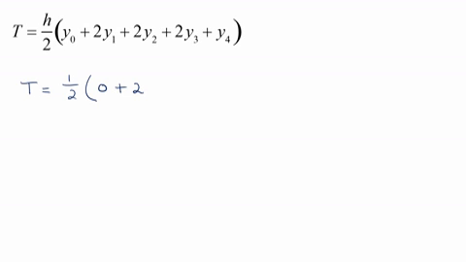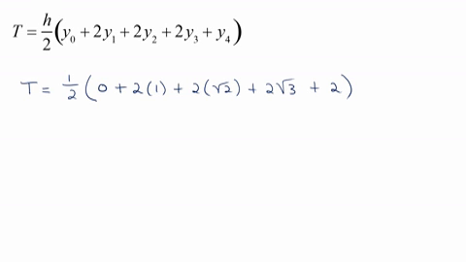So this is plus 2 times the function evaluated at 1, square root of 1 is 1, plus 2 times square root of 2, plus 2 times the square root of 3, plus finally we evaluate our function at our b value, which is 4. The square root of 4 is 2.